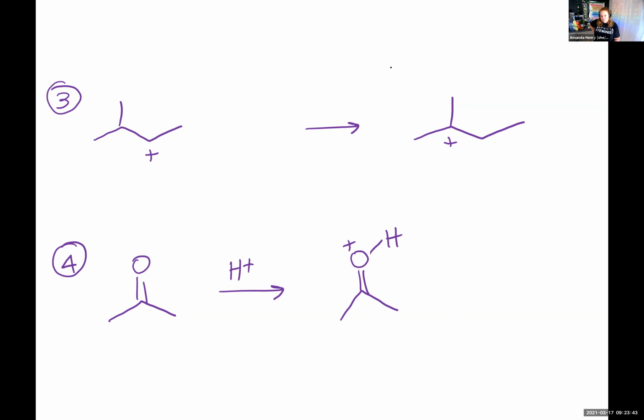What's going on in number 3? We have a carbocation. So if we look at the reactant and the product, what type of mechanism pattern do we think is happening?